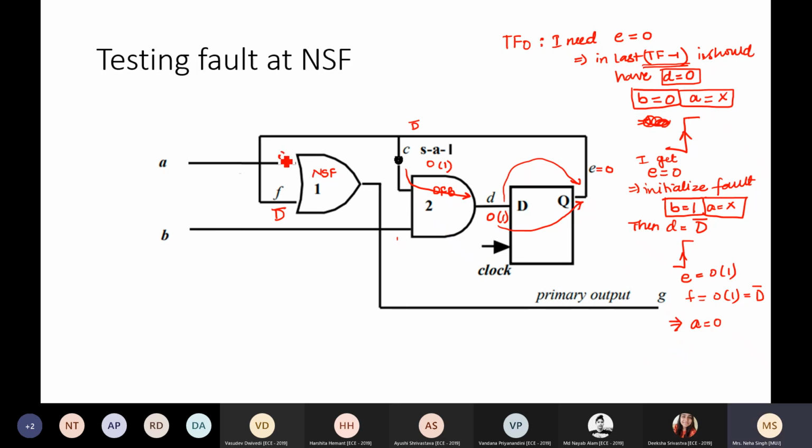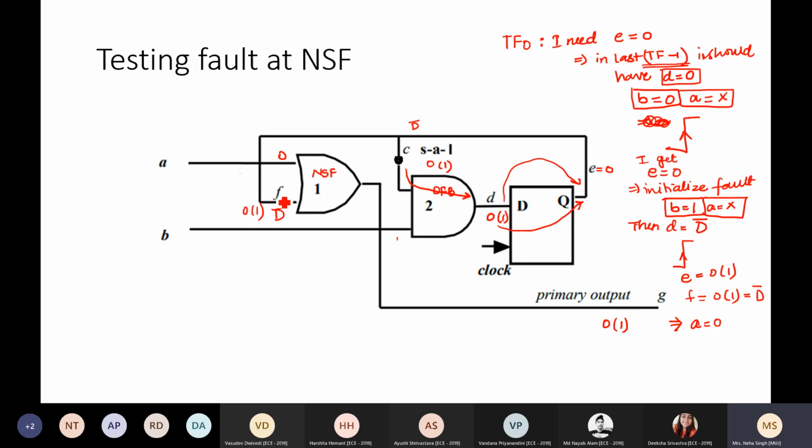A equal to 0 होते ही D was 0 bracket 1. तो अगर D faulty है तो G will be 1, और अगर F पे fault नहीं है, input is 0, then the output G will be 0. Since the two are different outputs, so it means my fault will be observed at primary output.